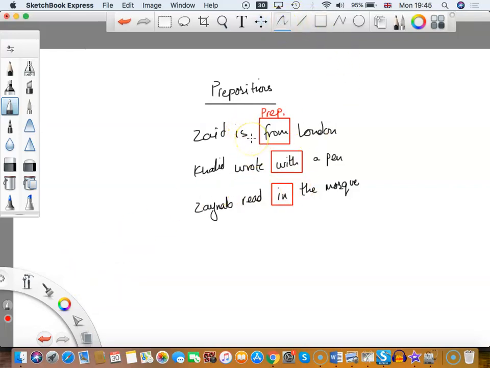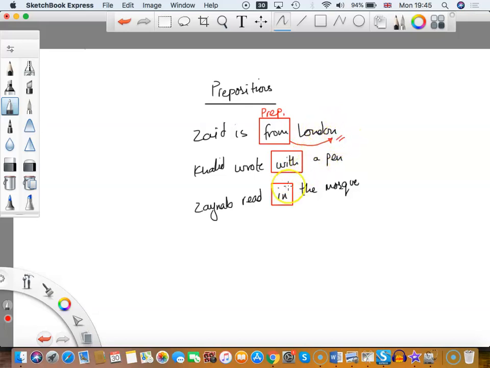So what do you have to remember about this rule? What you have to remember is that the word that appears after the preposition, so in the first sentence, from, which word appears after from? London. Yeah, London. So therefore, the word London is going to be given kasra. Right? So we're going to give this word kasra. Because the word London doesn't have the next to it, how many kasras are we going to give it?